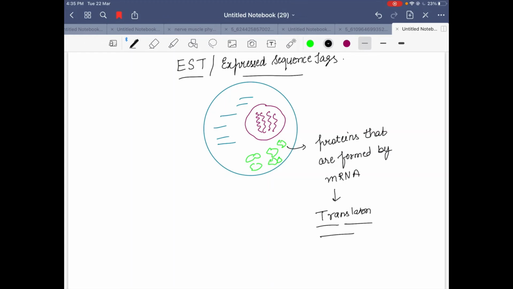So in the process of expressed sequence tag, first we will extract the mRNA that is used to synthesize these proteins and will convert this mRNA into DNA by the process of reverse transcription. Suppose this is the mRNA.